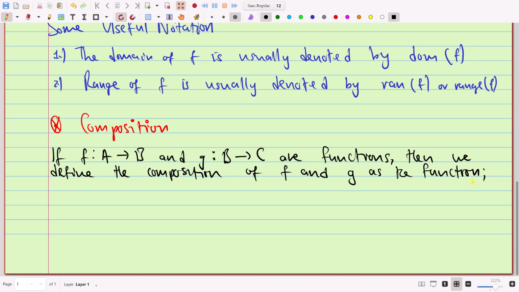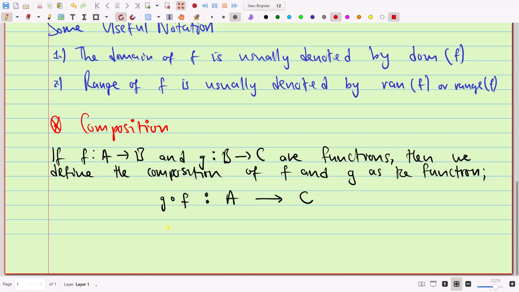So every time you're given two functions f and g like that, then the composition of the two functions is usually denoted as g o f, which is now a function which takes us from A up until C, like that. You see, so that's how exactly we can define a composition.